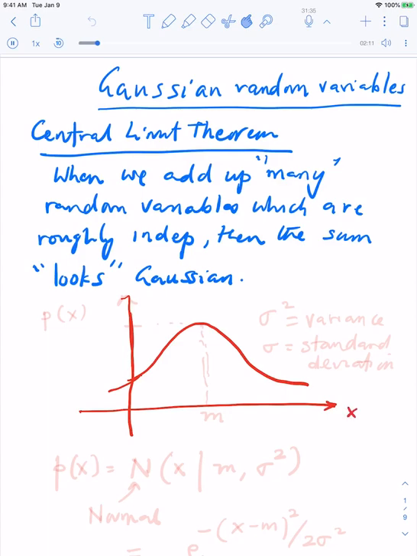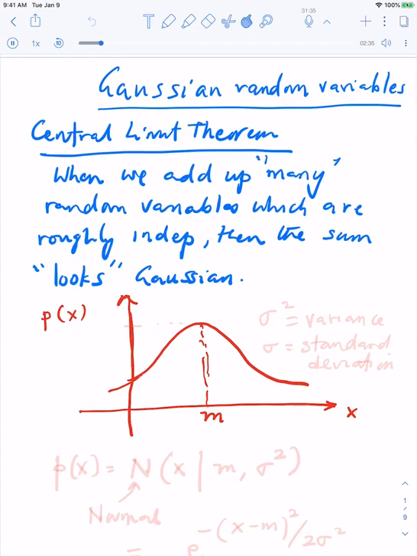This is the values that the random variable can take, and this is the density of the random variable. As it turns out, the Gaussian random variable's density has a peak at, let's call this number m. That m happens to be the mean, the median, and the mode of the Gaussian random variable.